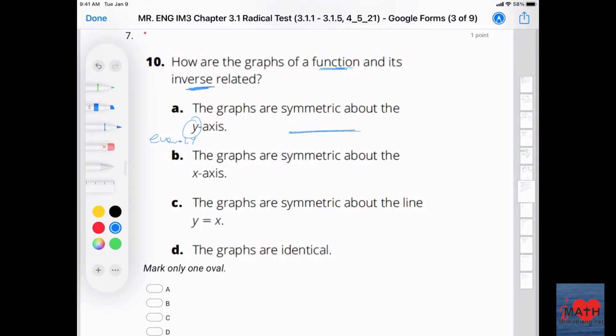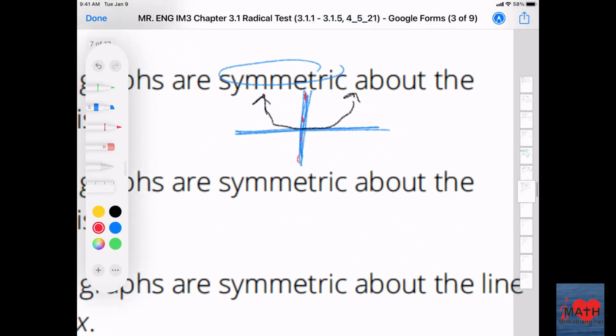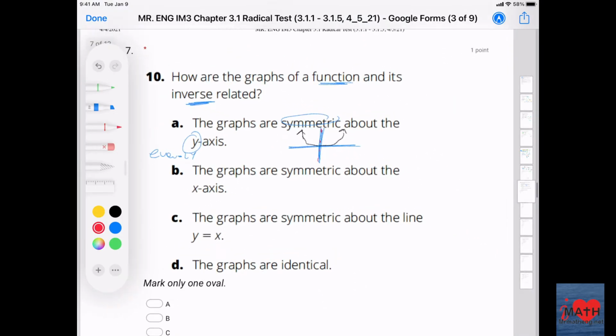You guys remember that? So the symmetry, let's just say we're doing the parabola x squared, and if we're saying that it's symmetric about the y-axis, it's just flipped over. But that's not the inverse. This one's talking about symmetry and folding it in half, so no.